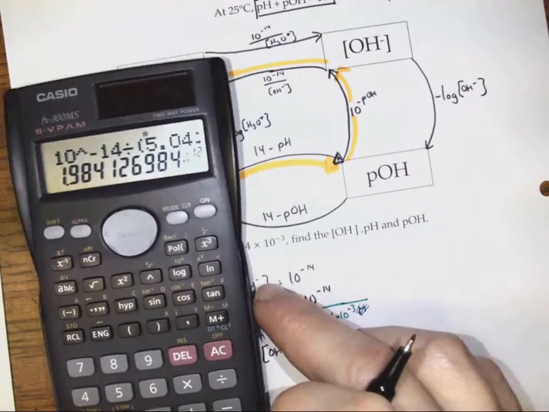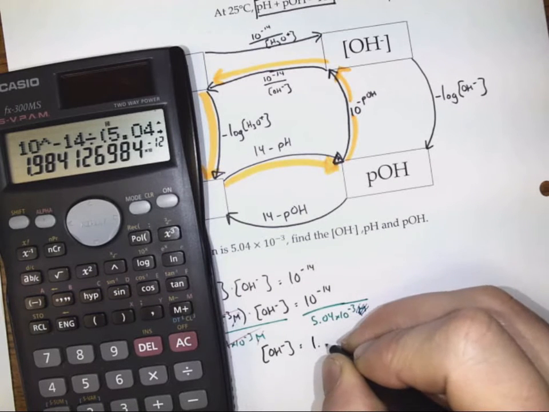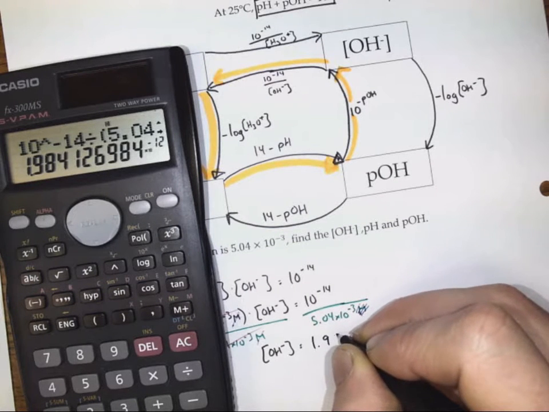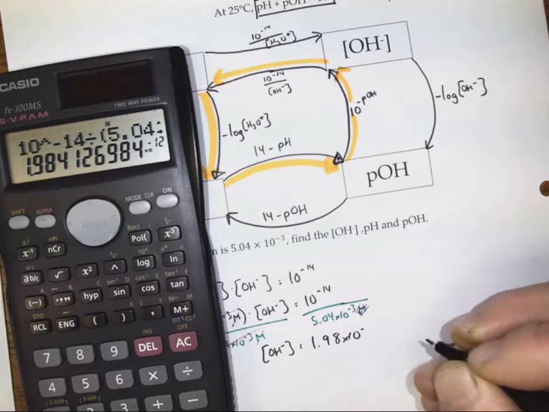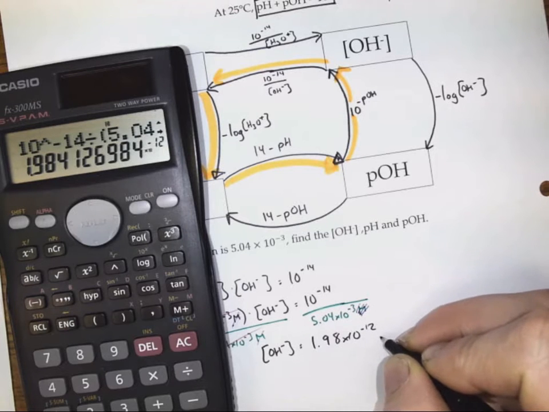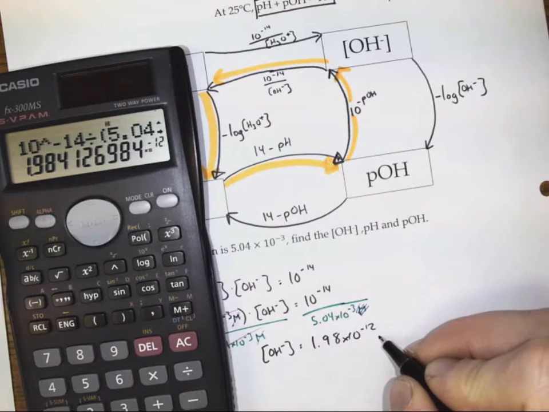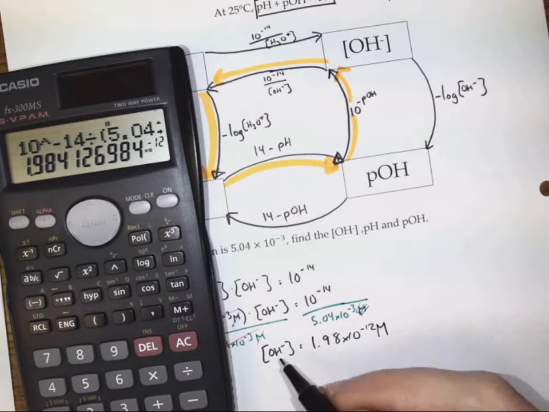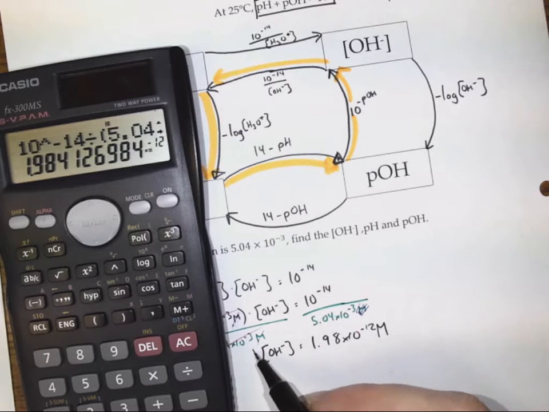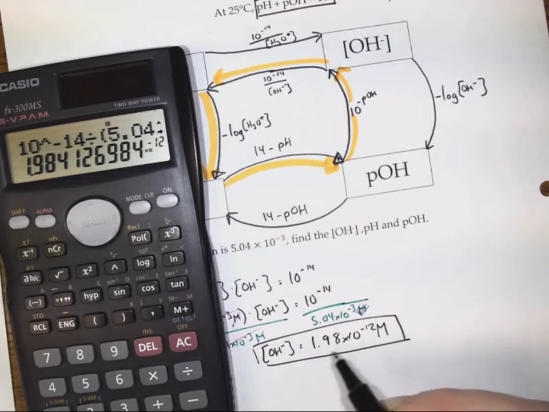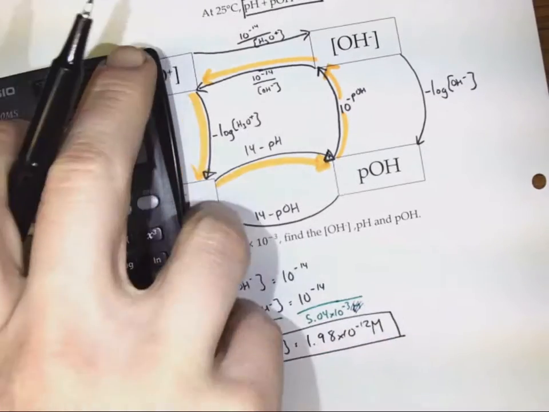All right, I get 1.98 times 10 to the negative 12. And I should note that the concentration of solute should be in molar, or moles per liter.